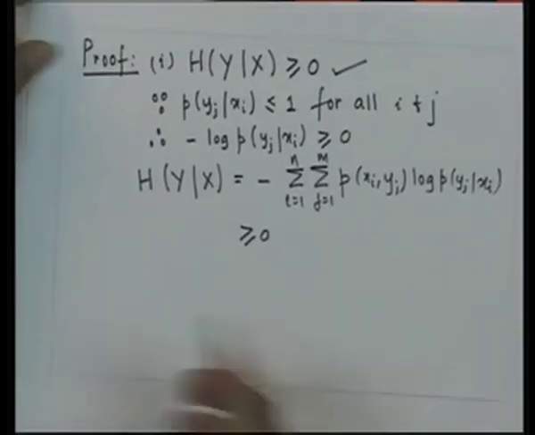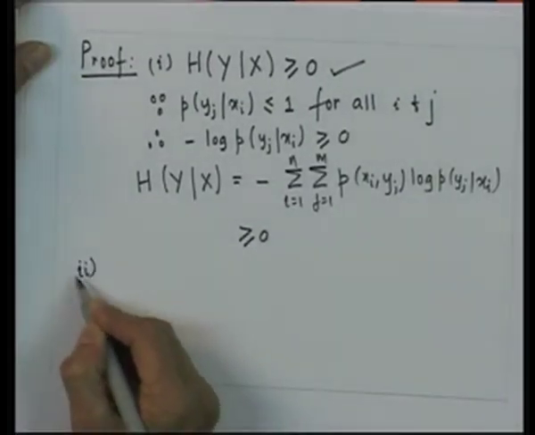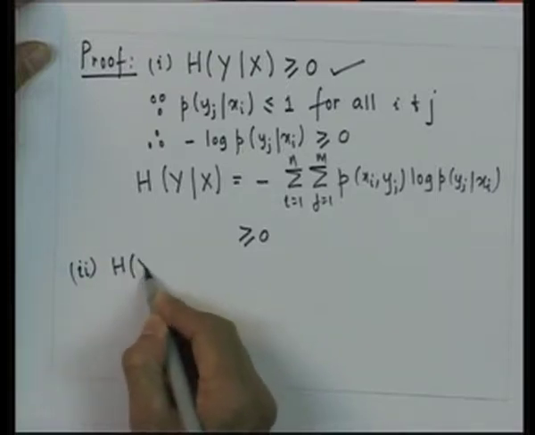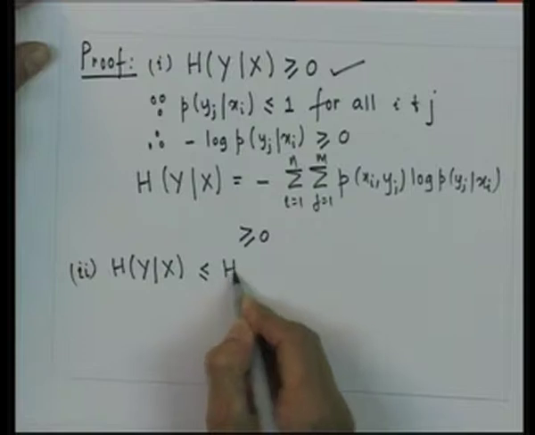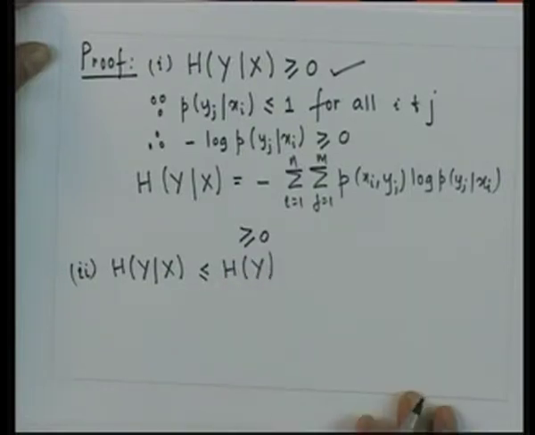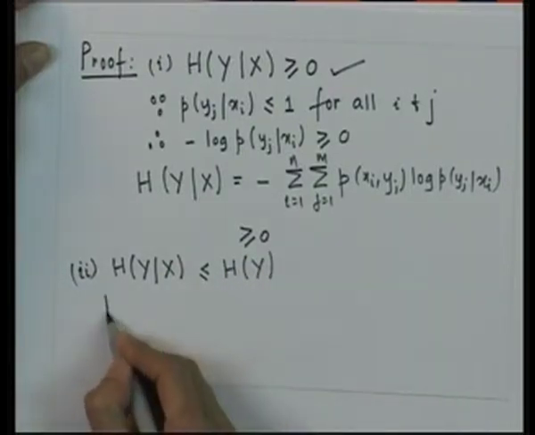Now, to prove the second property, that is h of y given x is always less than or equal to h of y, it is not very difficult.